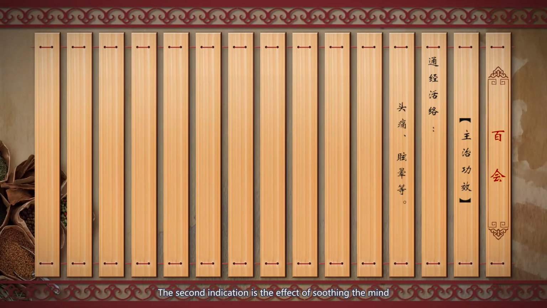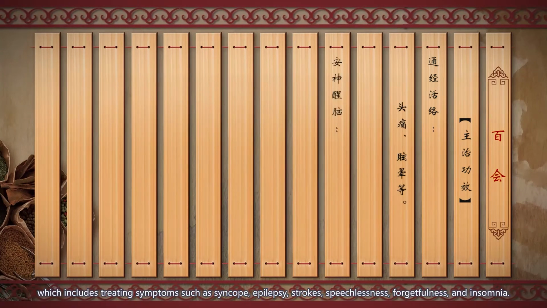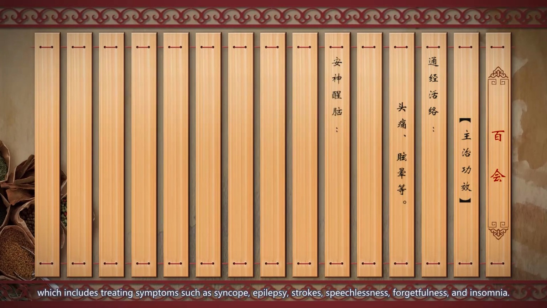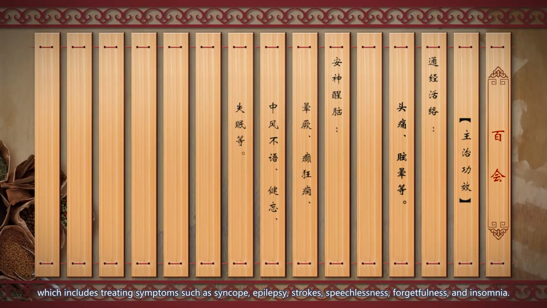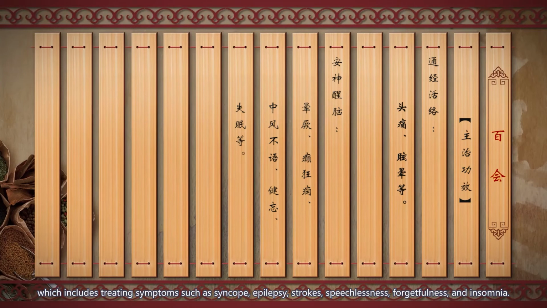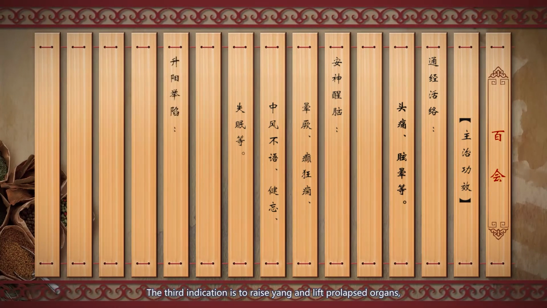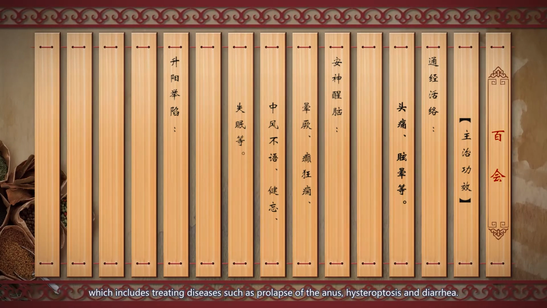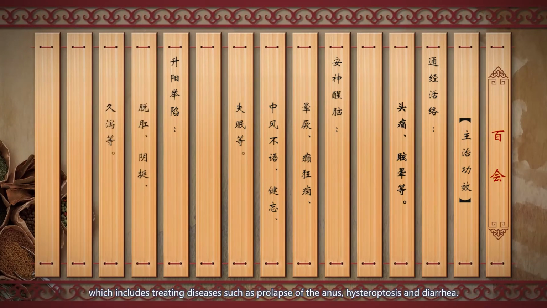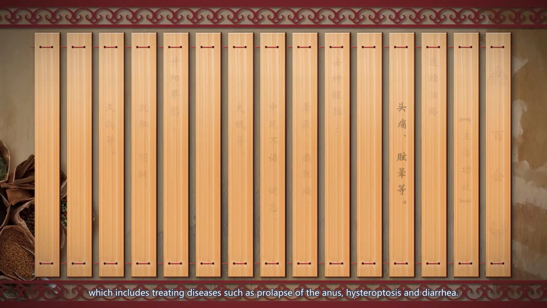The second indication is the effect of calming the mind, which includes treating symptoms such as syncope, epilepsy, stroke, speechlessness, forgetfulness, and insomnia. The third indication is to raise yang and lift prolapsed organs, which includes treating diseases such as prolapse of the anus, hysteroptosis, and diarrhea.